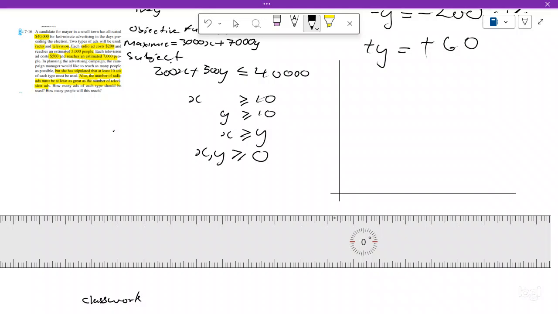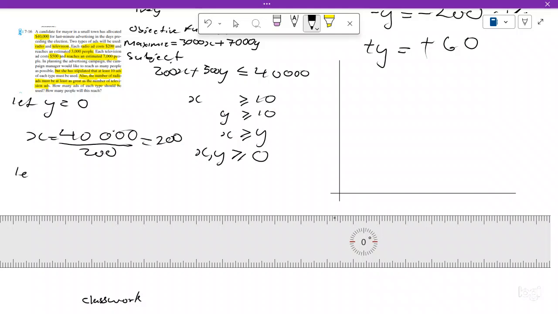For the graph, let y equal 0, then x is equal to 40,000 divided by 200 is equal to. Give me the answer, please. x is equal to 200.